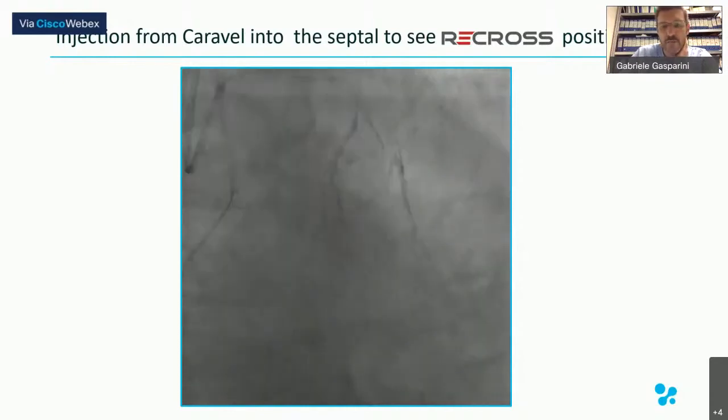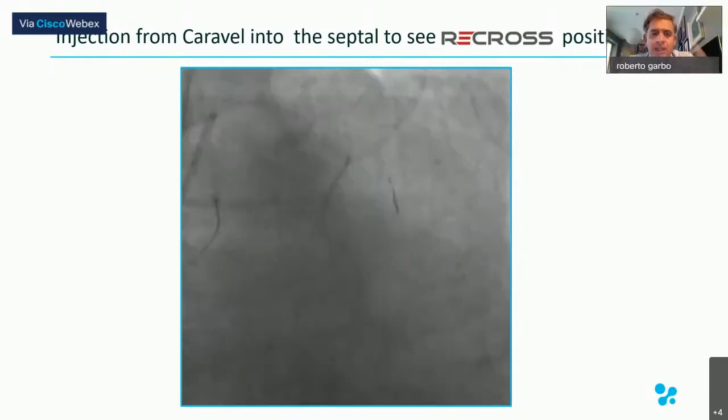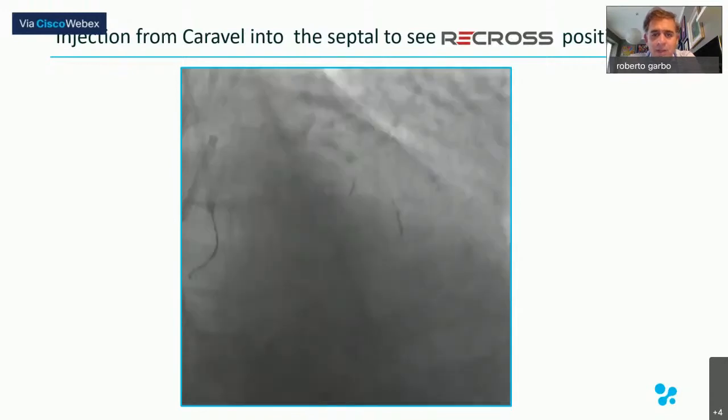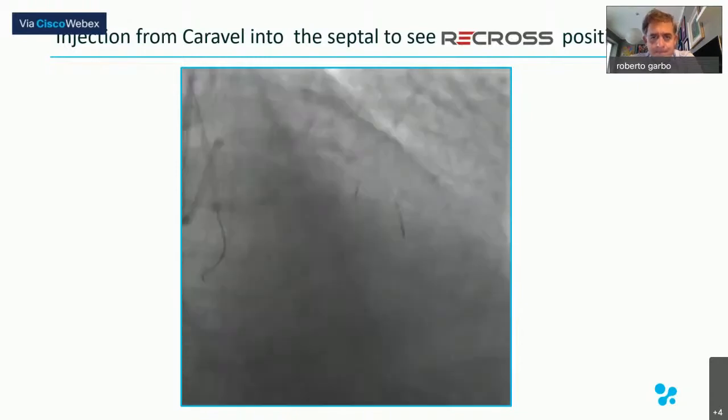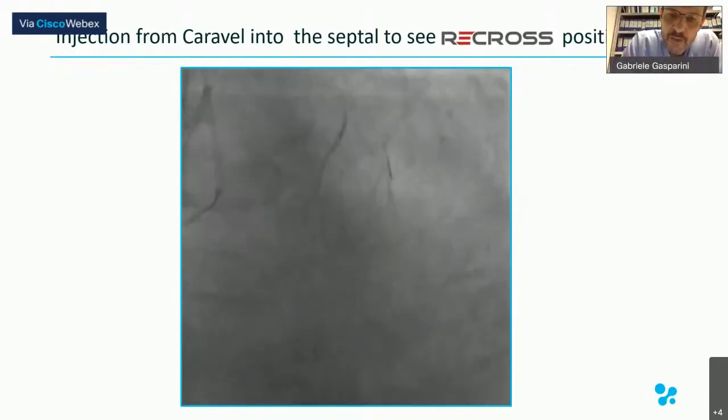Okay. So, exactly. We have the Recross and the Caravel. The Caravel in the septal, the Recross subintimal, and we need to do something to re-enter in this LAD. Yeah. And we know that retrograde is not very good because you see we have a septal connection at the level of the distal cap. But the Recross microcatheter is in a subintimal place, not so far from the true lumen, so the hematoma is not so big.